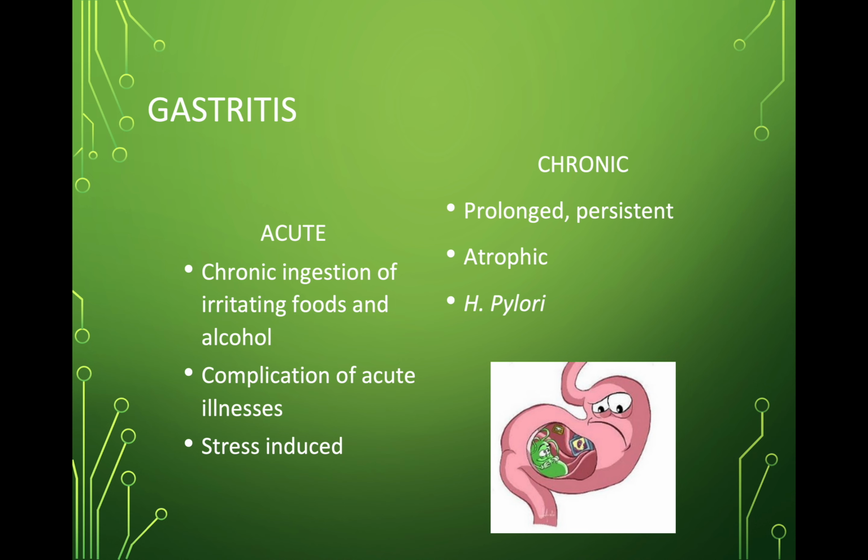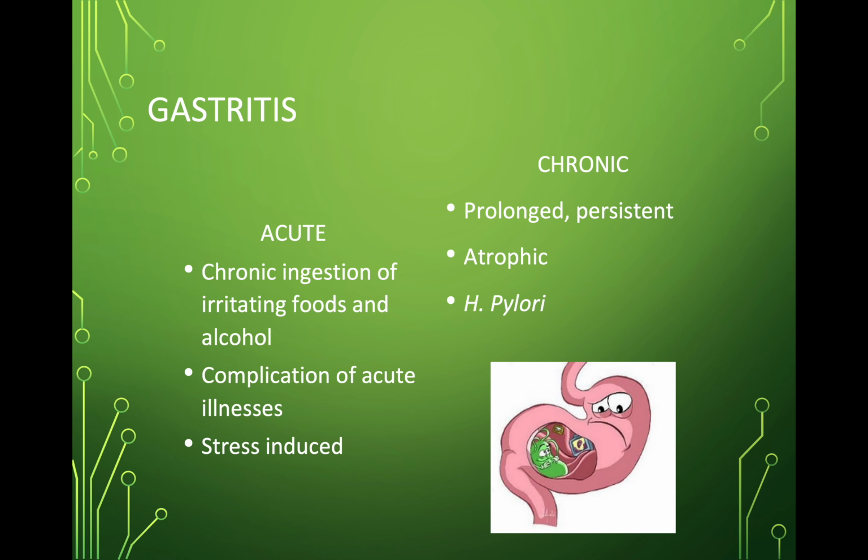That's something to consider when we start thinking about interventions for our patient who's experiencing gastritis. When we go down that line of thought, we want to create an environment where this lining can heal.